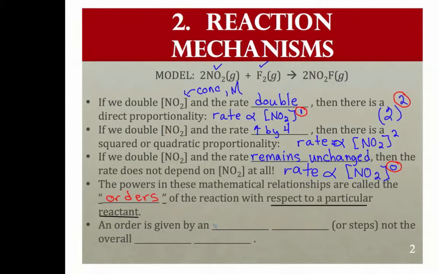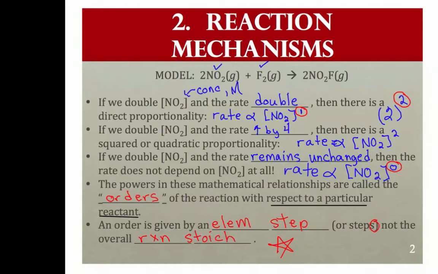Now, the order is given by elementary steps or steps. So it could be one elementary step, or we could be combining some steps, but this is key, paramount. It is not given by the overall reaction stoichiometry.